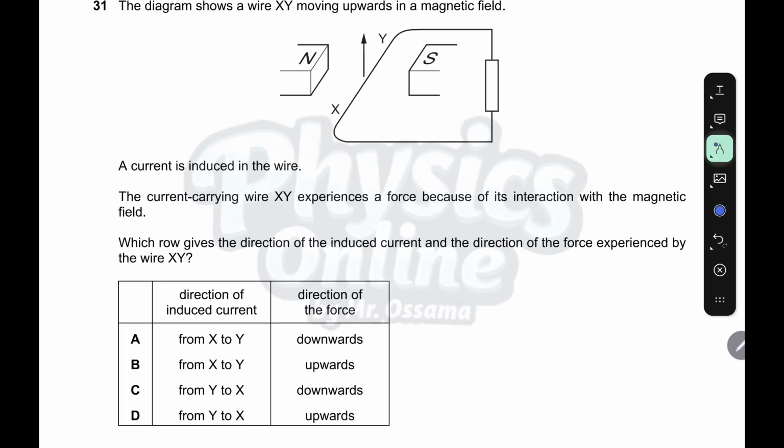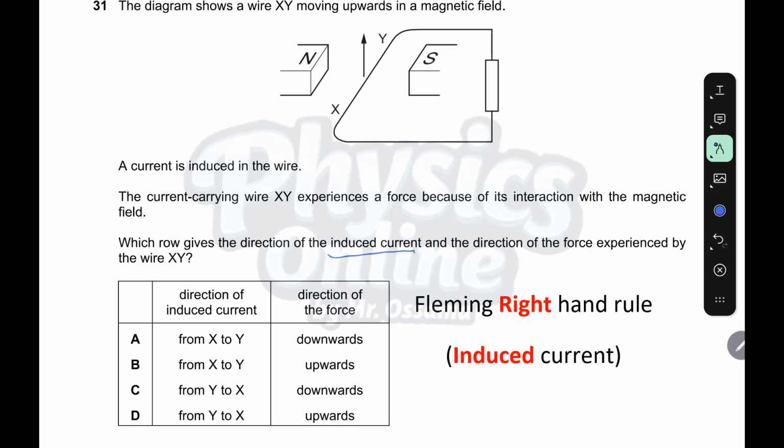Let's see first the direction of the induced current. For induced current, we use Fleming's right-hand rule. Using this rule, the first finger is the direction of the magnetic field from north to south, the second finger the direction of the electric current which we want, and the thumb the direction of motion, which is upward.